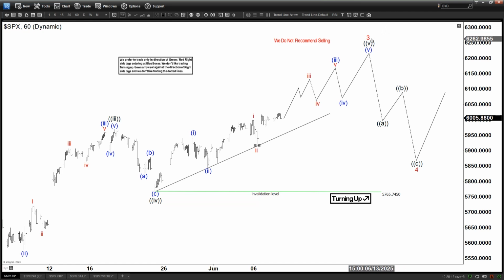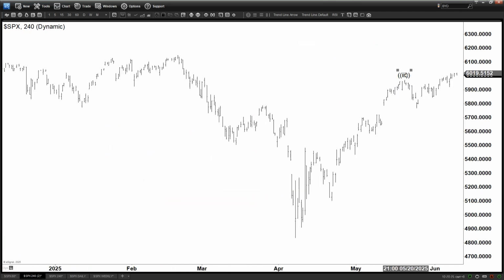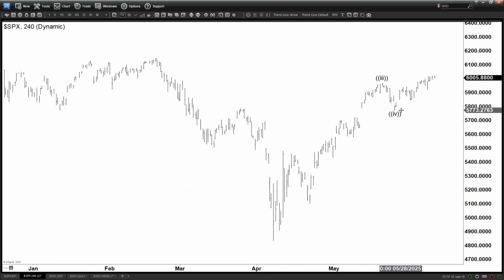Now if I zoom out into the 4-hour here, let me copy this 3 and 4 here. So we are now ending with 5, which basically is getting close to finish. And then the 1 and 2, right? The 1 and 2 should be here.